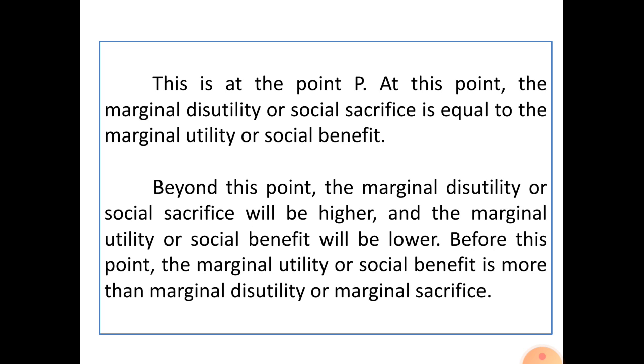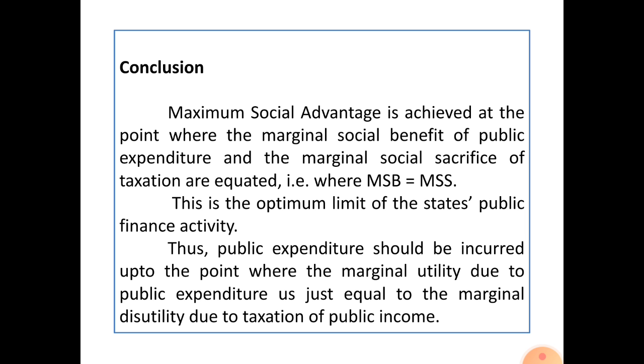Before the point P and after the point P we have lower and higher marginal social benefit and sacrifice, but at the point P the marginal social sacrifice and marginal social benefit are equal.